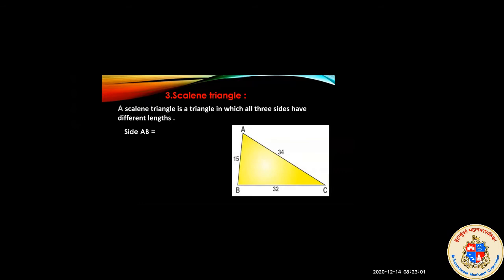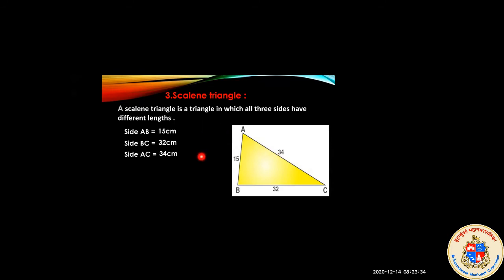Now we'll first write the sides. Side AB, then side BC, and the third will be side AC. Now we'll write the measurement. Side AB is 15 centimeter. Side BC is 32 centimeter. And the third side AC is 34 centimeter.